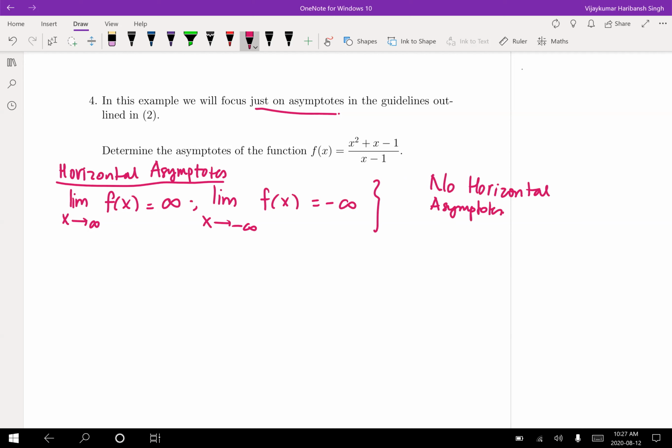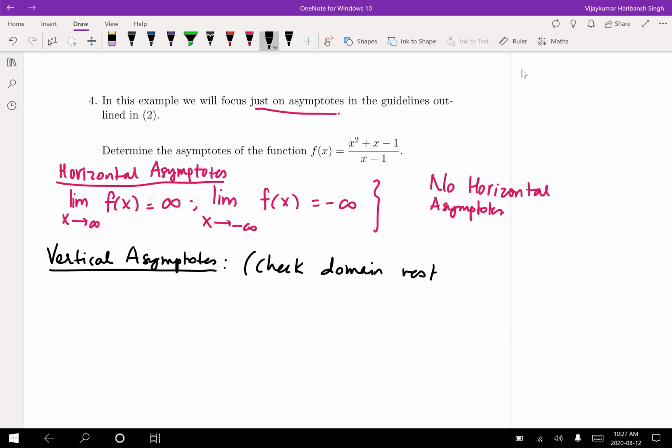Now, what about the vertical asymptotes? First of all, check the domain restriction. So you see that the domain is not 1.